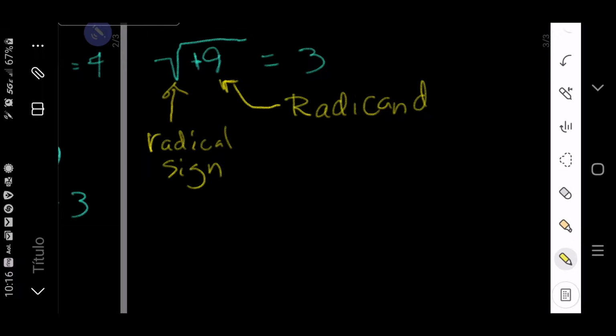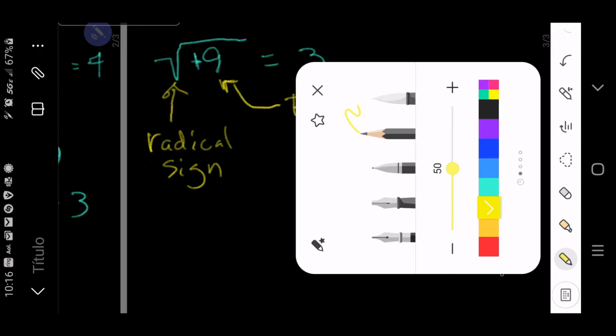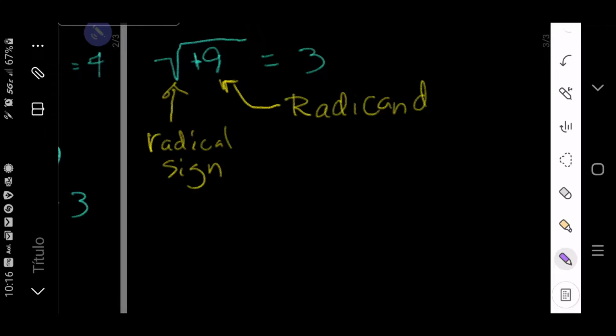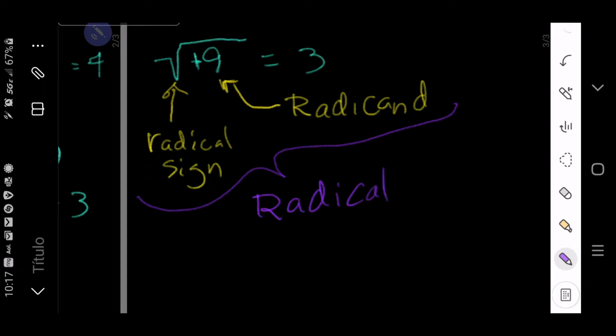And the radicand and the radical sign, the entire expression, the square root of 9, is called a radical. All right.